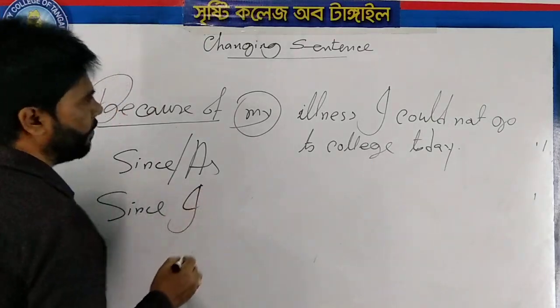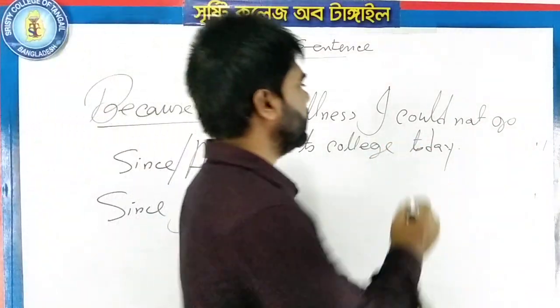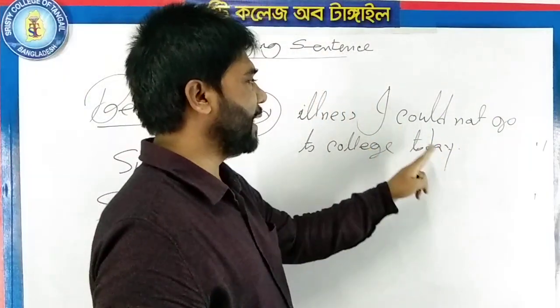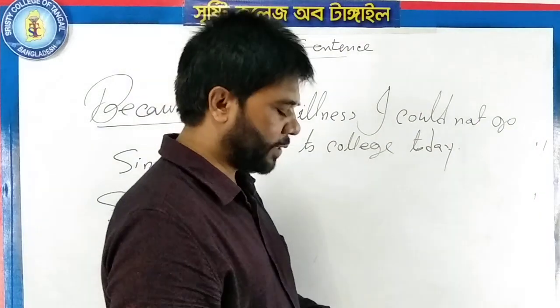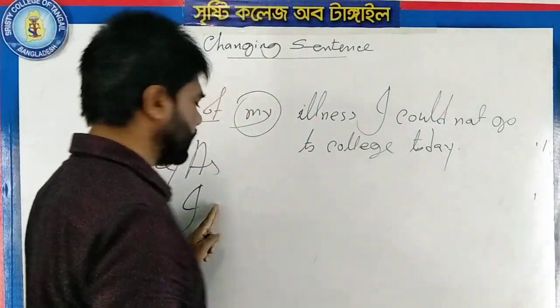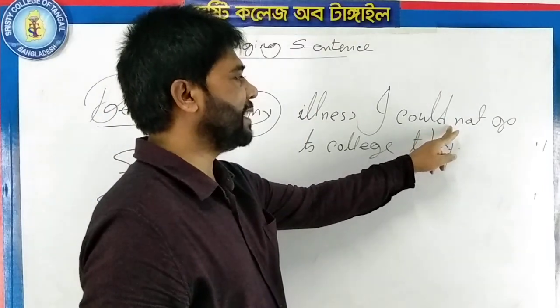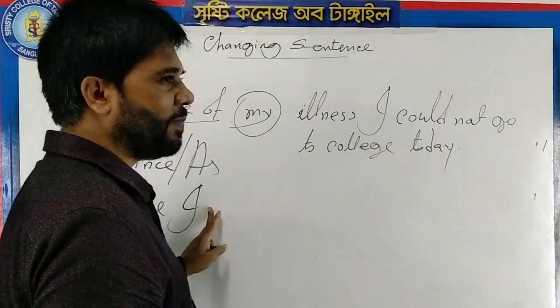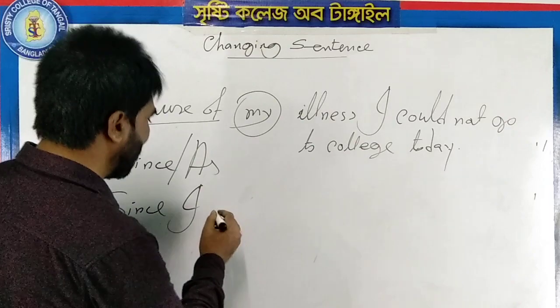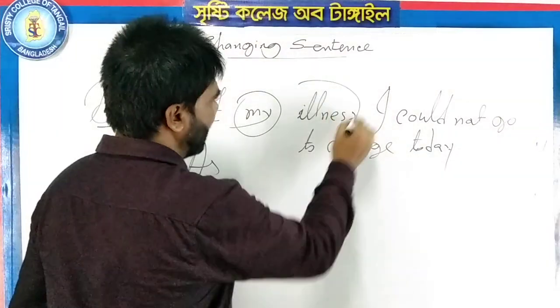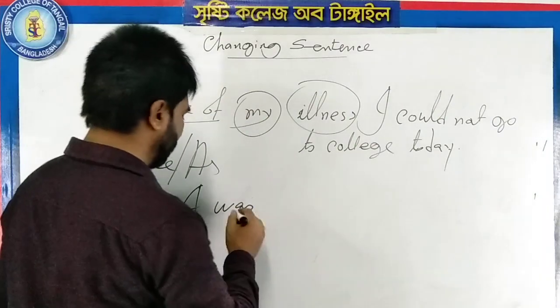Since I could not, we have to enter the second clause of the sentence. If the second clause is in past form, we have to use the be verb was or were, or if the second clause is in present form, we have to use the be verb am, is, are. So since I was, and this noun will be turned into an adjective.